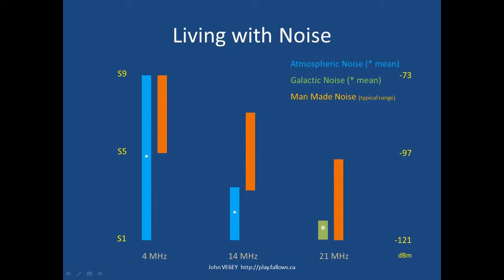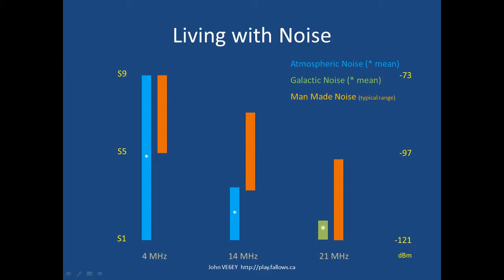Atmospheric noise is like static crashes, thunderstorms, that sort of thing. And typically on 4 megahertz, which is the 80 meter band, you might have atmospheric noise ranging from a low of S1 to a high of S9 with an average around S5. So it's there all the time.